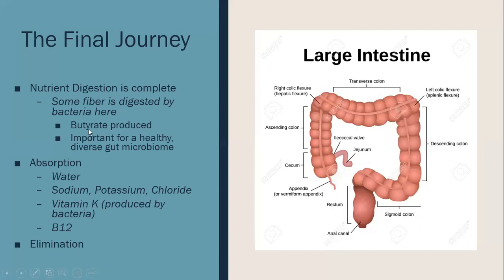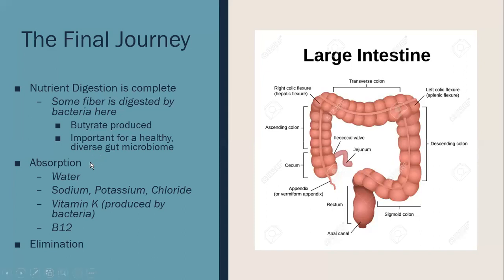It's a small fatty acid that's able to be used for fuel by the cells of our colon. This is also really important for a healthy and diverse gut microbiome, because our bacteria are able to use and secrete that fatty acid as well.